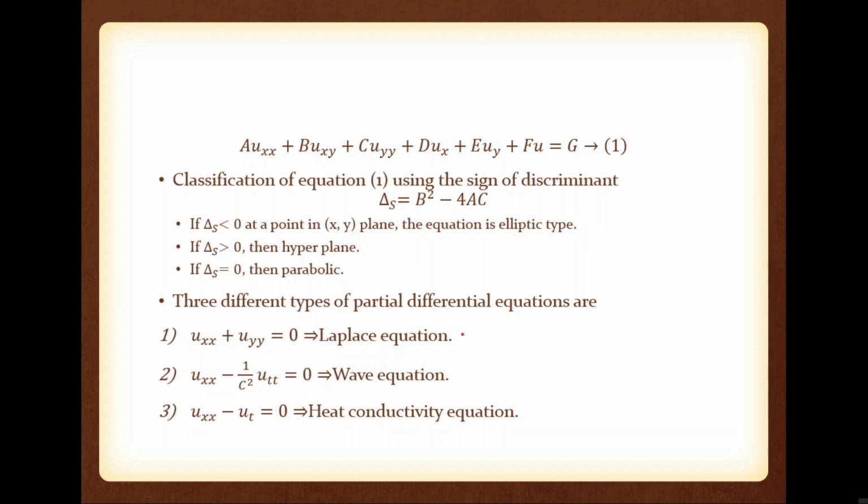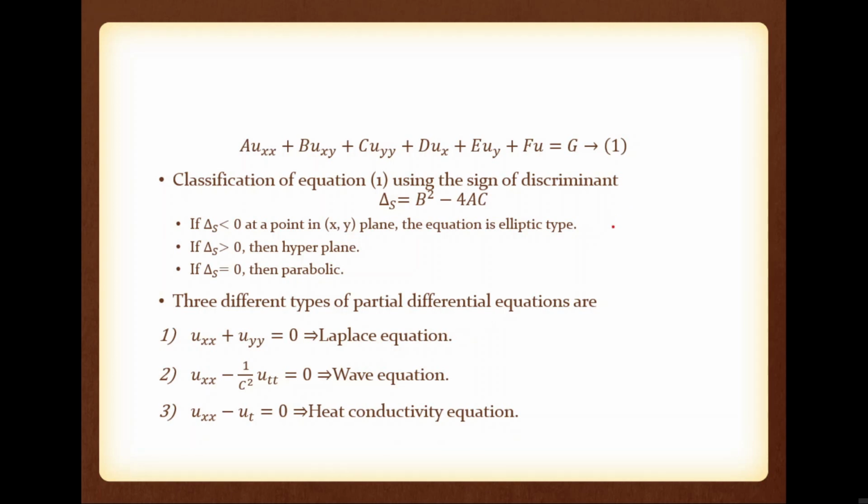Whether we are solving the Laplace equation, wave equation or heat conductivity equation, first we have to replace the terms uxx, uxy, uyy, ux, uy, u and also a, b, c, d, e, f, g, etc. by using the finite difference representation or approximation.